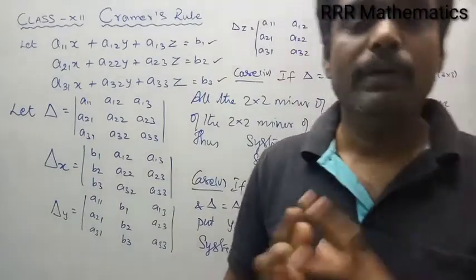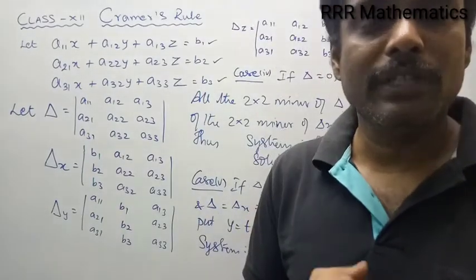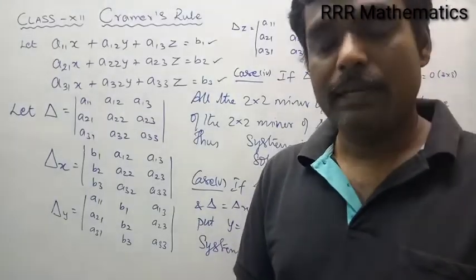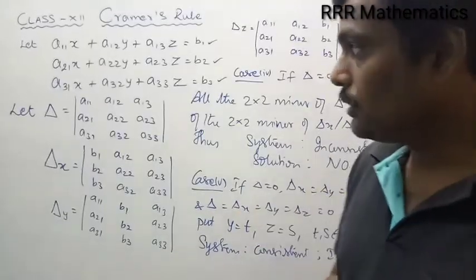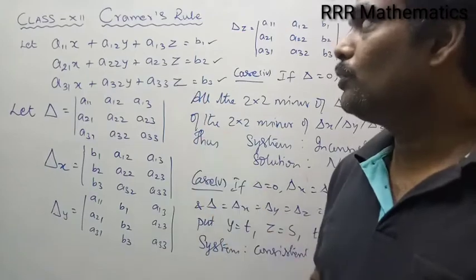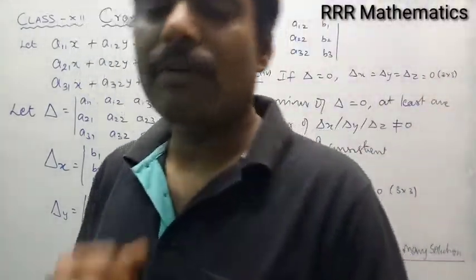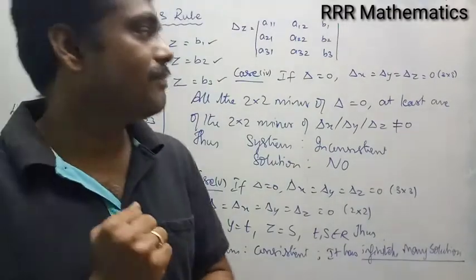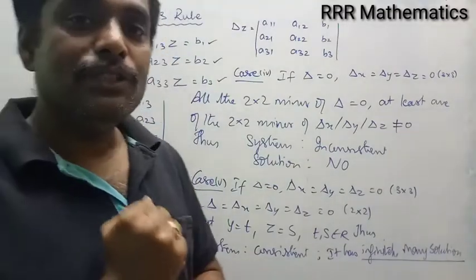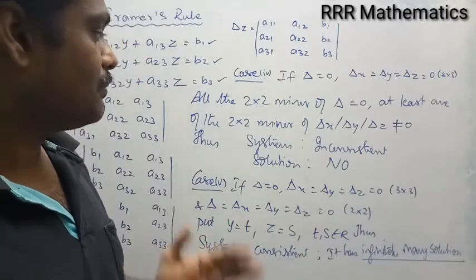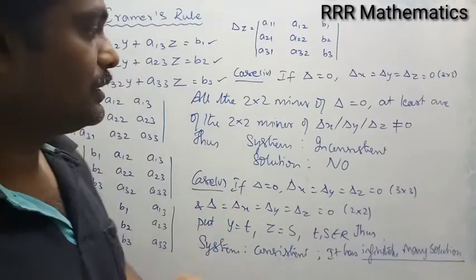In future, if you discuss Cramer's rule in the engineering field, in the MBA part, or in future mathematics, you should know all the 5 cases. But our syllabus gave only the first case, which has a unique solution by using Cramer's rule. Here I explained the introduction to all the 5 cases. Just go through this one.